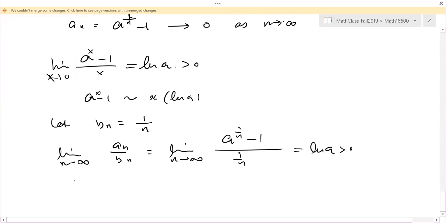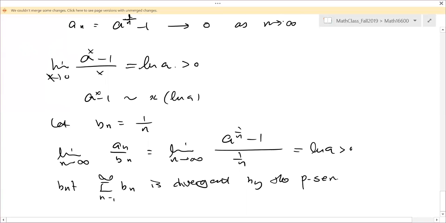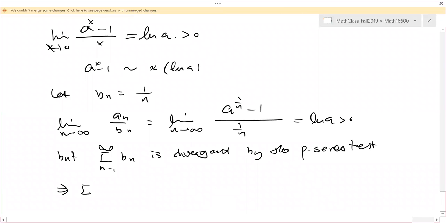But this Bn is divergent by the p-series test. That means this series is divergent by the limit comparison test.